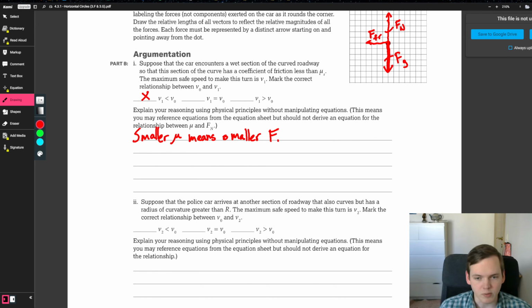Smaller mu means smaller force of friction, which means not as much acceleration, which means we need to slow down.